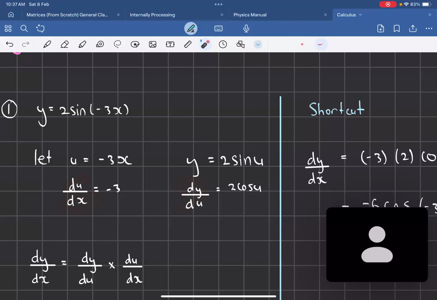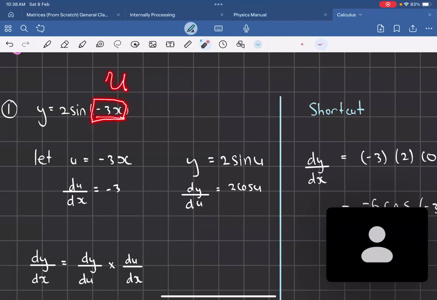Okay, cool. So the first step is to let some expression or term be equal to a variable. We're going to say let this be equal to u. Why are we letting this be equal to u specifically? Because now y is equal to 2 sine u.